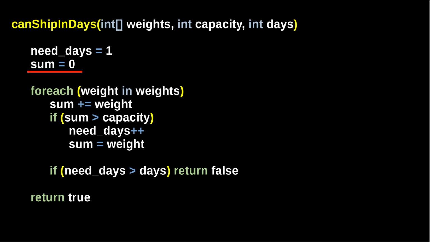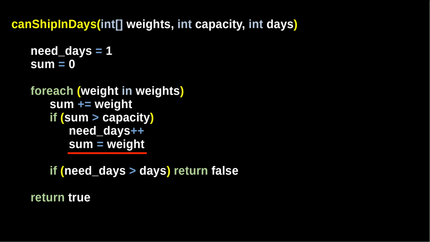We also have another parameter called sum, and this will be the accumulation of weights of the packages, and we will set this value to be 0. With a for loop, we'll go through all the packages, and we're going to add the weight of each package to the sum parameter. And if the sum has exceeded the capacity, then we increment the needDays parameter by 1.